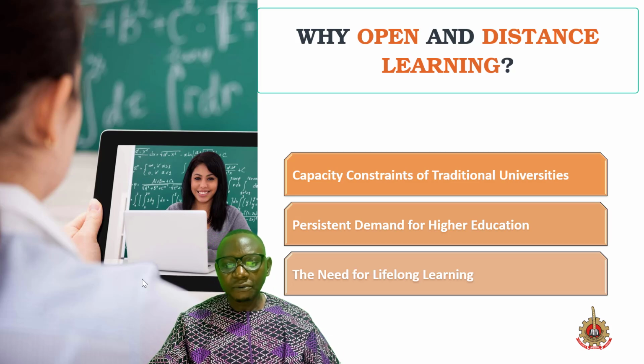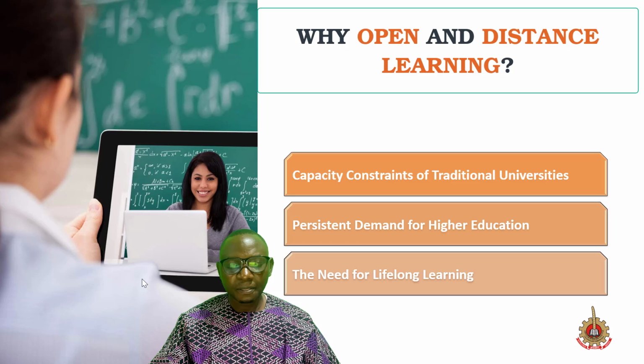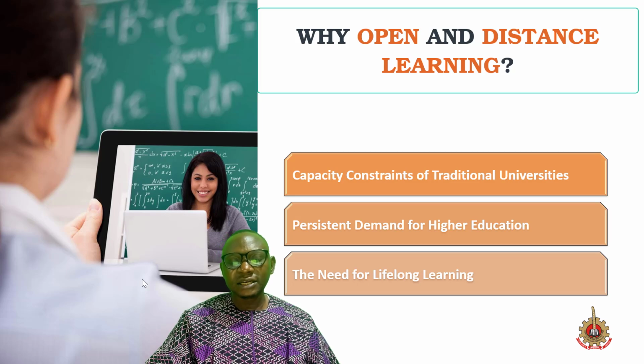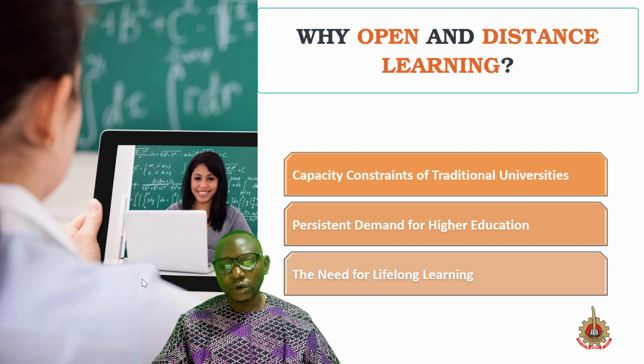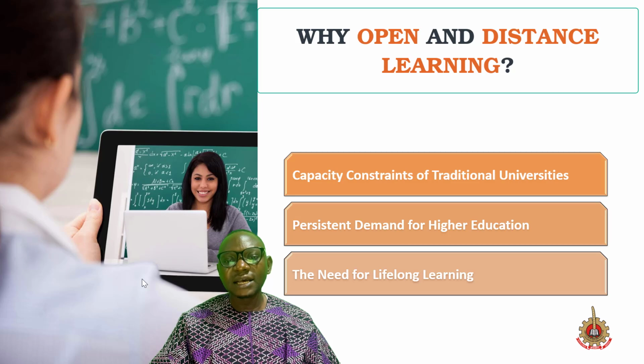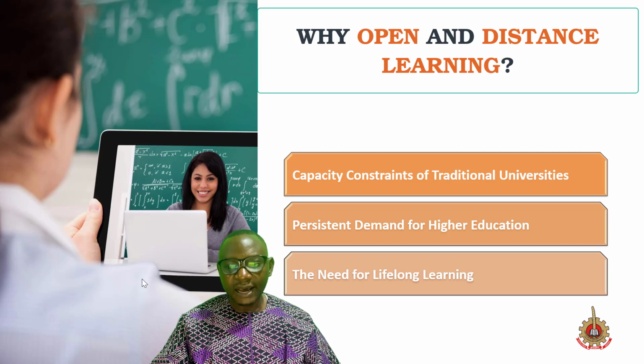Now, what happened here was that there were things that make distance learning a viable way of learning. The first is the capacity constraint of traditional universities. Like I've told you before, because the resources are limited, there is a limited number of students that can be admitted into higher educational institutions, and there are so many students that are qualified.